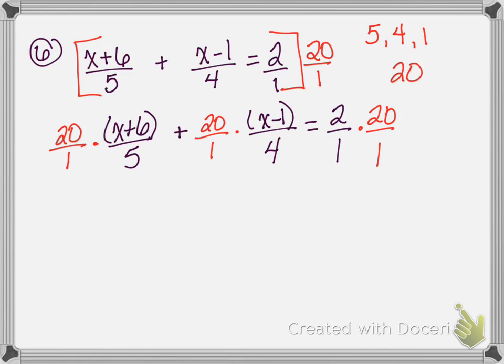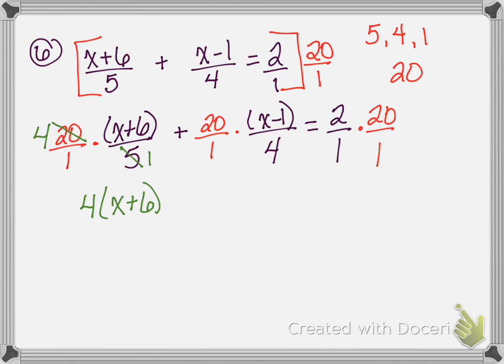Now I need to simplify. I've got my 20 and I've got my 5. 5 goes into both of those. 5 goes into 5 one time. 5 goes into 20 4 times. 4 times x plus 6.